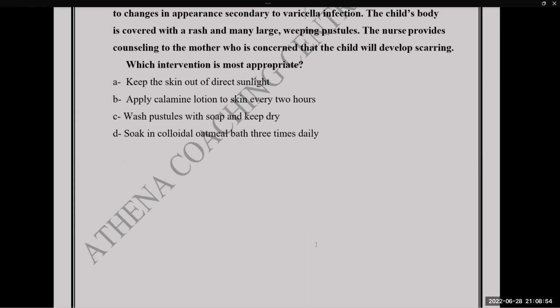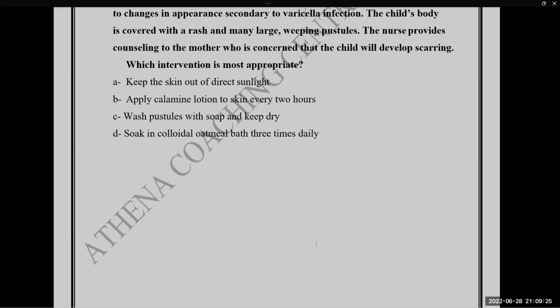Option B: apply calamine lotion to skin every 2 hours. See, when you get the options, at last you will be left with two options. When you get two options as possibly correct, you have to read each and every word of the option, and then ask whether this particular option will give any positive effect, or whether it is a true statement.